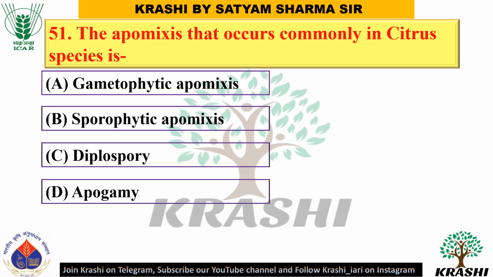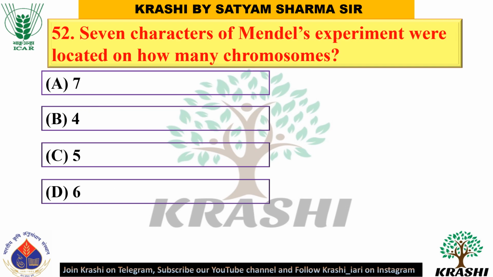The apomixis that occurs commonly in citrus species is known as sporophytic apomixis. Here the embryos develop from somatic nucellar cells. Question number 52. Seven characters of Mendel's experiment were located on how many chromosomes? They were located on 4 chromosomes, that is 1, 4, 5 and 7.